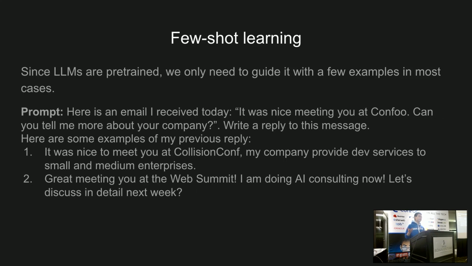So I mean the easiest way to show some guidance to the language model is using few-shot learning. I wouldn't call it training because that causes some confusion. You are not really training the LLM with your examples.